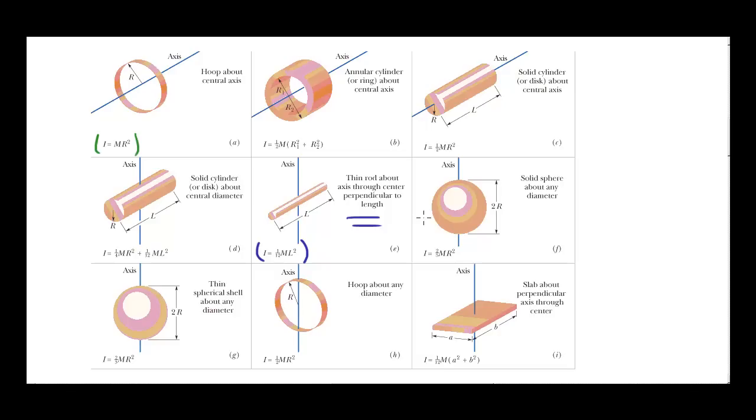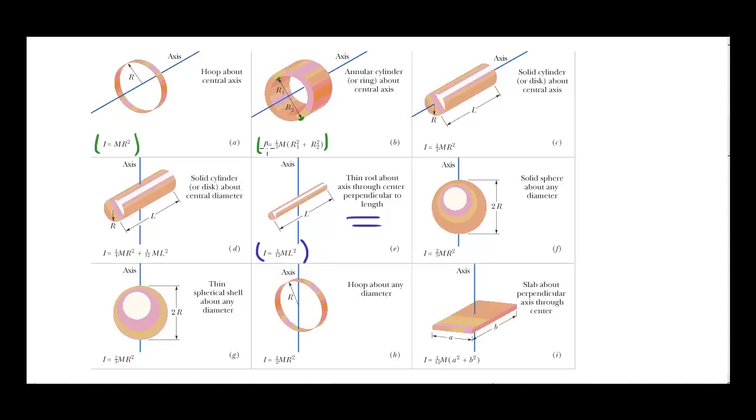Here's the ring, where now we aren't ignoring the width of the ring itself, and so R1 in this equation is the distance from the axis to the inner edge of the ring, and R2 is the distance from the axis to the outer edge of the ring. So R2 minus R1 would be the thickness of the ring. And then if you do out the integral and make a substitution, you end up with this whole messy thing, which is 1/2 m times R1 squared plus R2 squared.